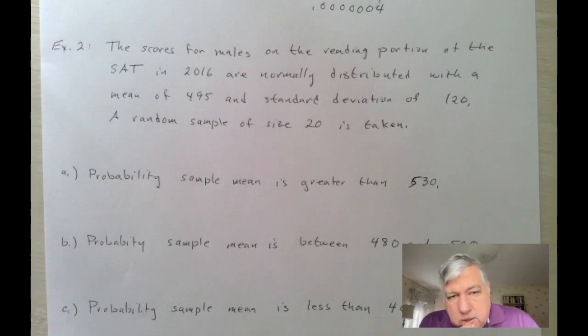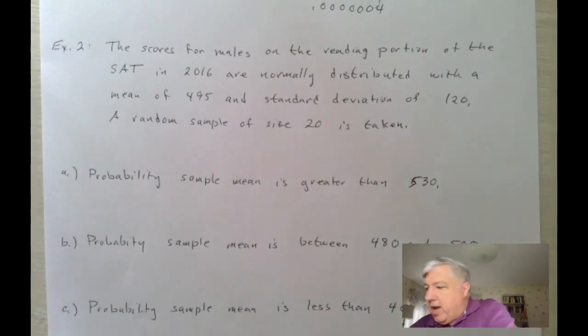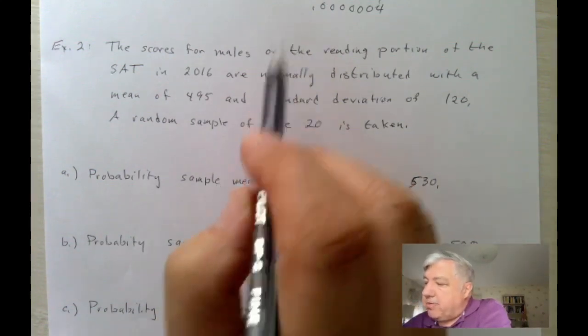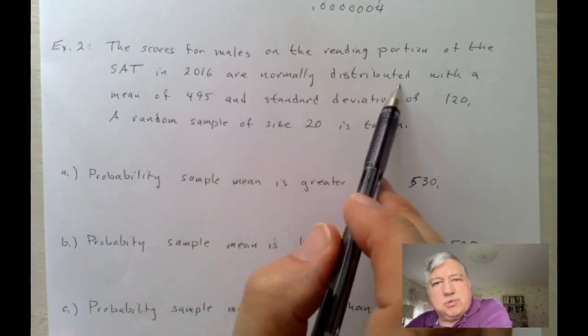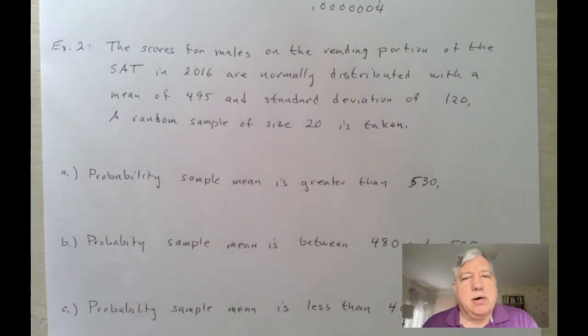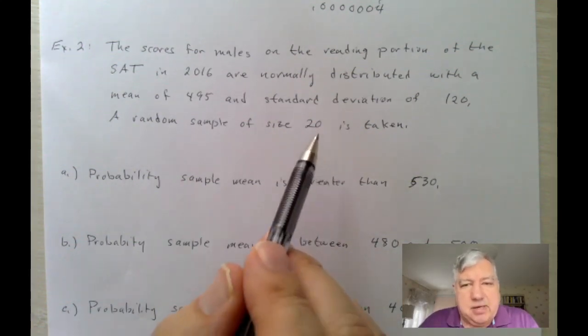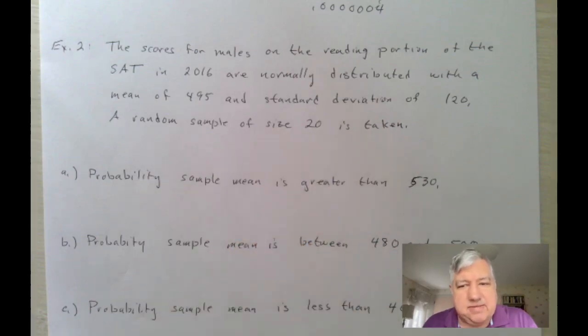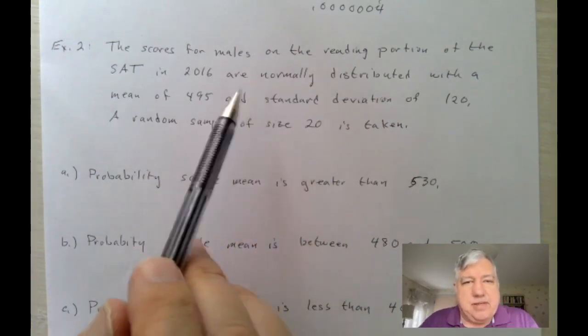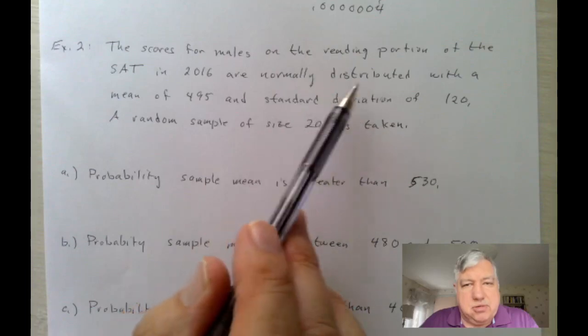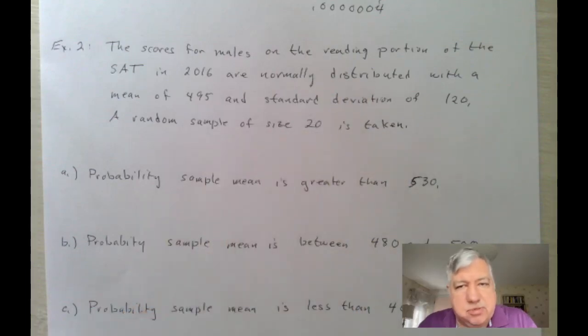So right away we know that because the original population is normally distributed, our sample means are normally distributed. We need that fact because otherwise the sample size is less than 30, so we do need the original population to be normally distributed to go further.